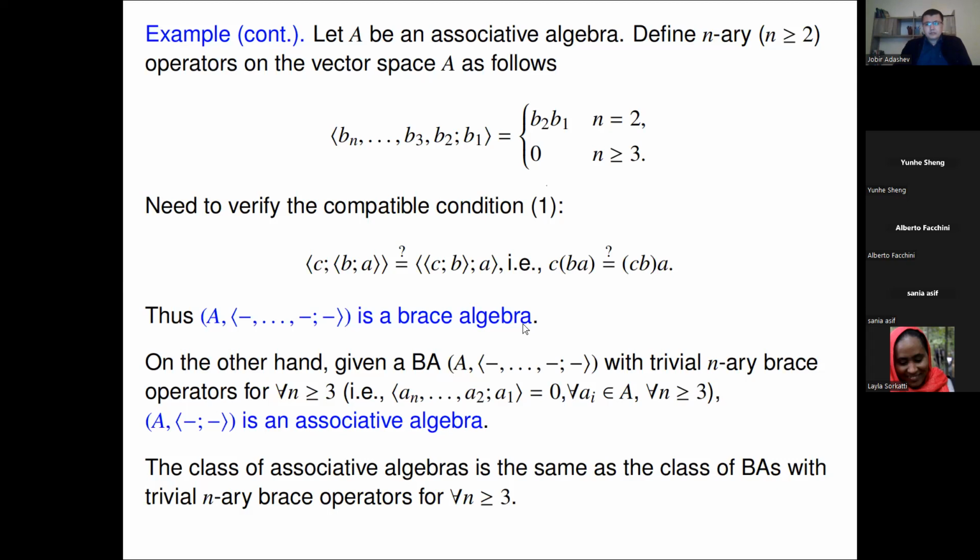On the other hand, if we have some brace algebra A with trivial n-ary brace operators for all n greater than or equal to 3, then it's easy to check that if we only consider the binary operator, then this is an associative algebra. So that means the class of associative algebras is just the same as the class of brace algebras with trivial n-ary brace operators for n greater than or equal to 3.